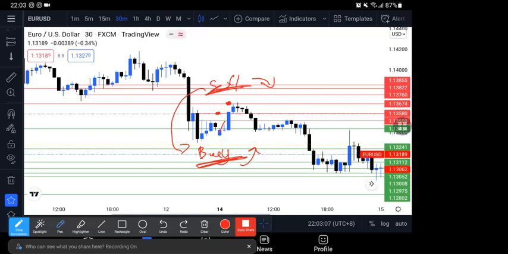We are using the bias. Because we are taking the entry on M30, we're going to expect H1 to break. So whenever M30 breaks the H1, we have the clue that the sells are still in momentum. There is momentum in selling. You get it? Okay, yeah, I got it.